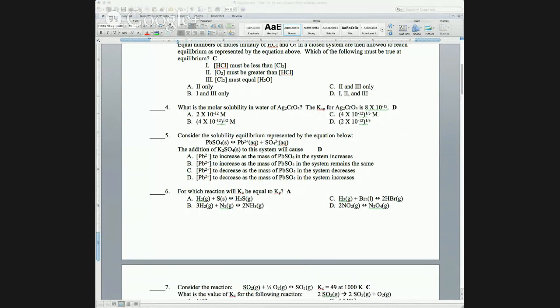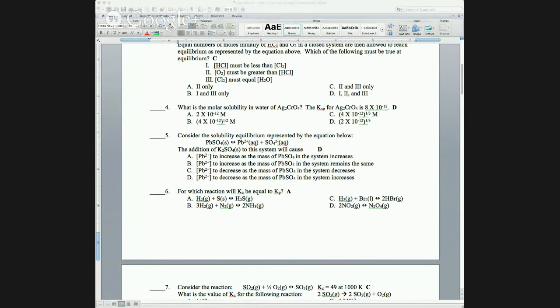And Ephraim, multiple choice number 4, so that is, of course, right above that. What is the molar solubility in water of silver chromate? In the case, Ksp is 8 times 10 to the negative 12.